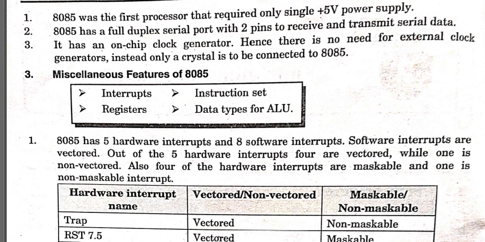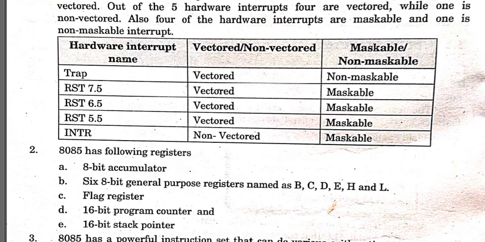So here a table is given in which different interrupts, hardware and software, of 8085 are given. So here hardware interrupts are given. First is the trap interrupt, second RST 7.5, third RST 6.5, fourth RST 5.5, and the last one is the INTR.